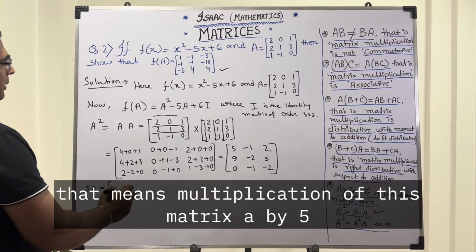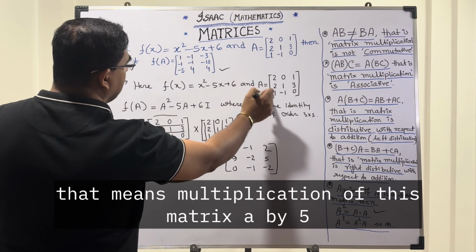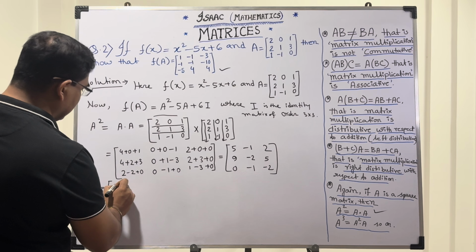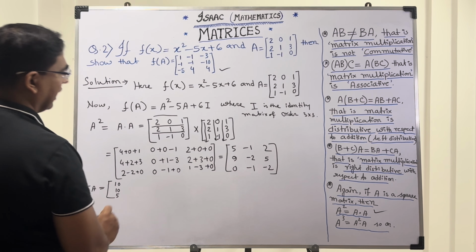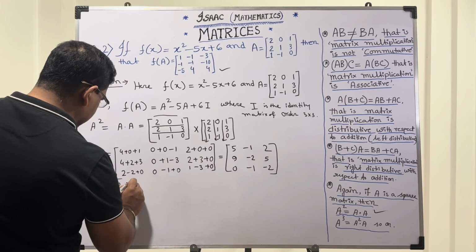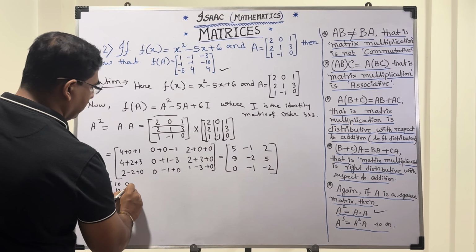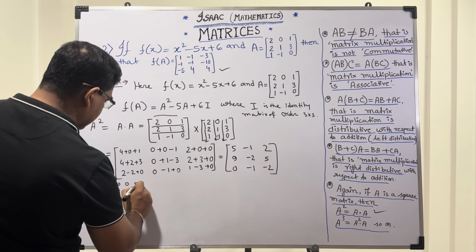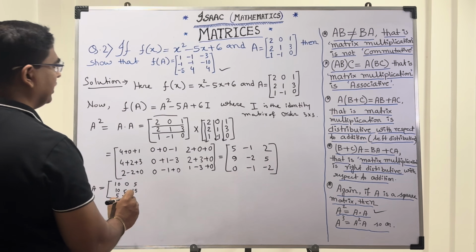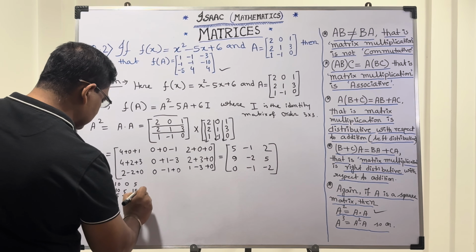That means multiplication of this matrix A by 5. 5 into 2, 10, 10, 5, 0, 5 minus 5, 5, 15, 0.